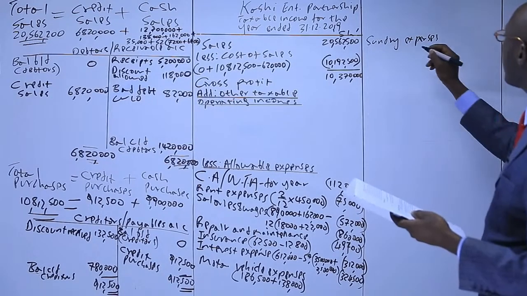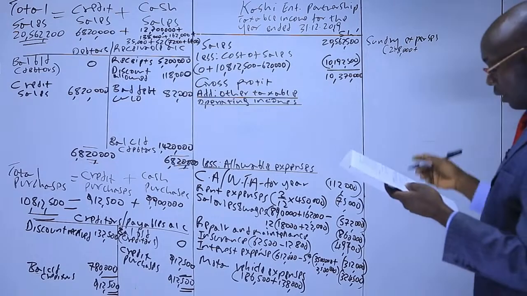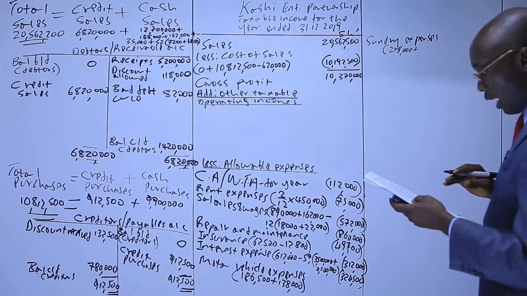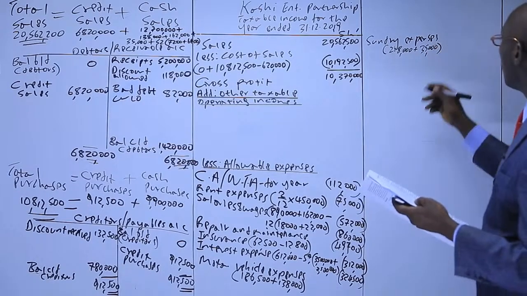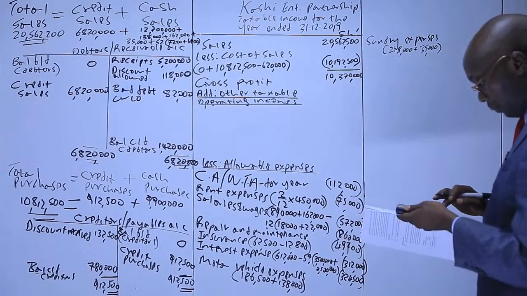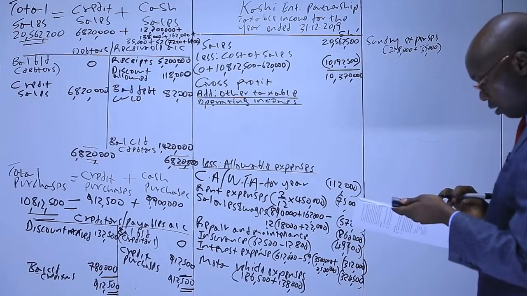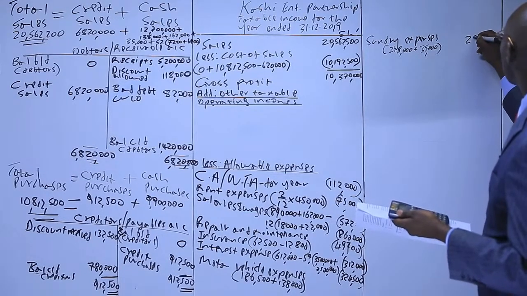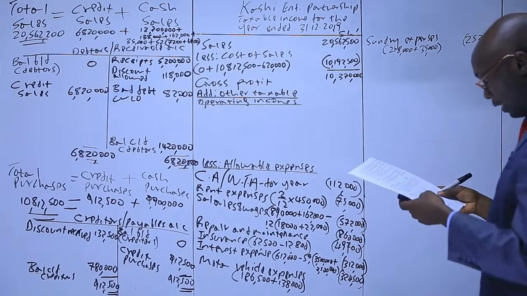So we'll have 218,000, and then we add the one that was paid through cash, which we have 35,000, which we have 218 plus 35,000, which give us 253,000.